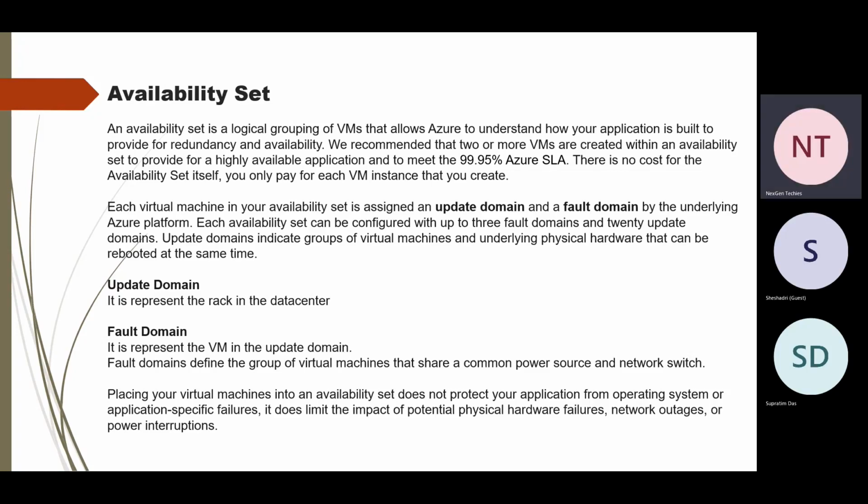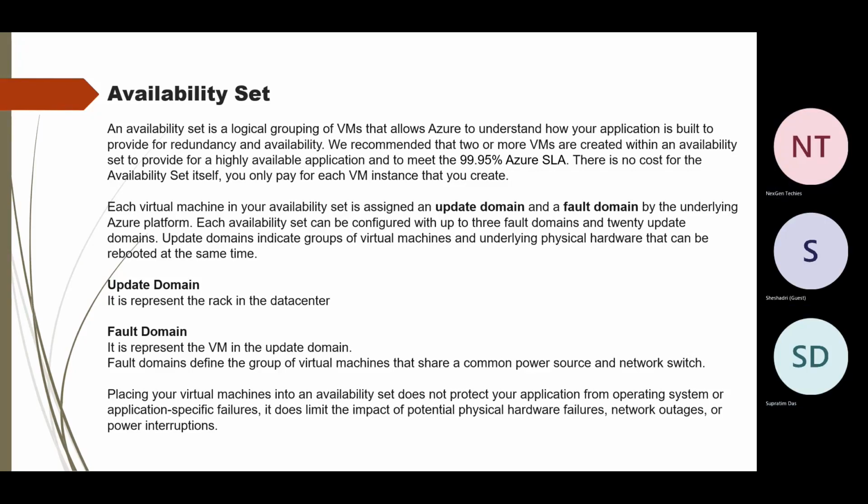So you can have 2 VMs created in an availability set, one VM for the ASCS and one for the ERS. Then you can have another availability set for your database, for example the HANA database, with the primary HANA database.